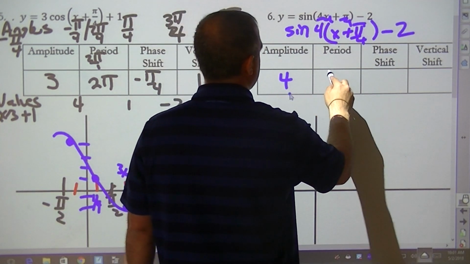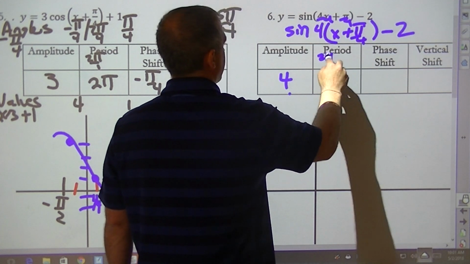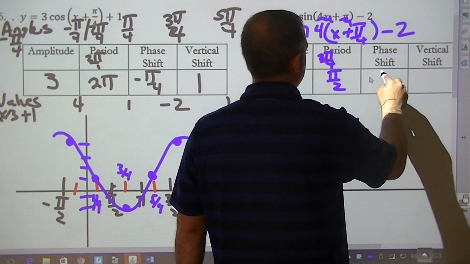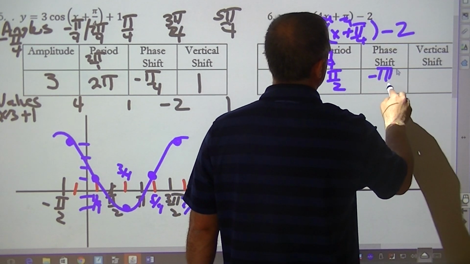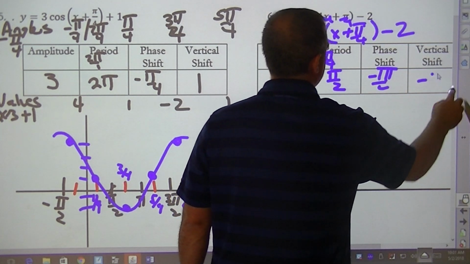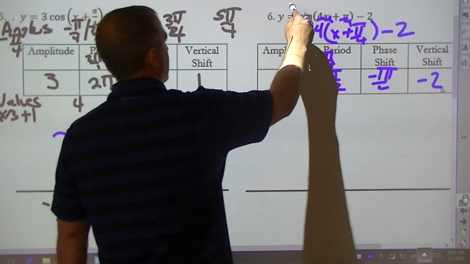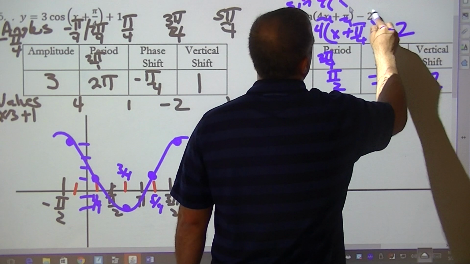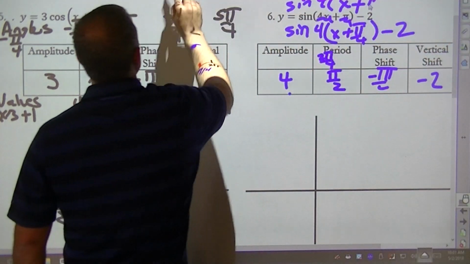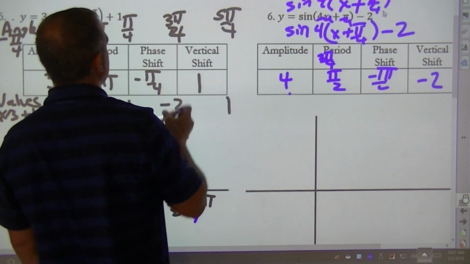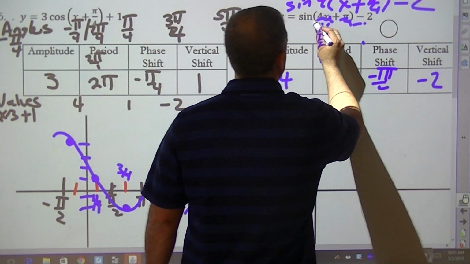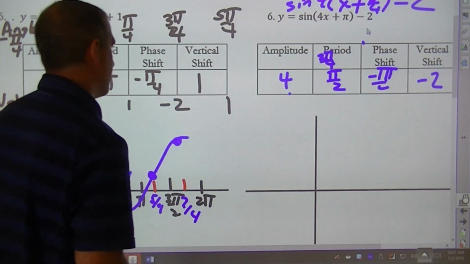Your period would be 2 pi divided by 4, which would be pi over 2. Your phase shift will be negative pi over 4. Your vertical shift will be negative 2. Let me write that above here so you guys can have it. And what I'm going to do is erase this. So that's what we're going to be graphing.